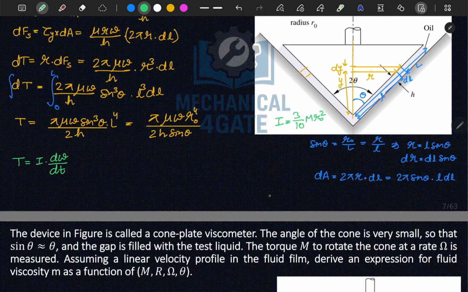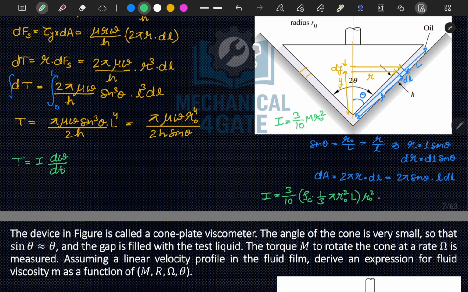So we can write I is equal to 3 by 10 times the mass. Rho c is the density of the cone, and rho times volume is mass. The volume is 1 by 3 pi r naught squared times L. This is your mass times r naught squared.